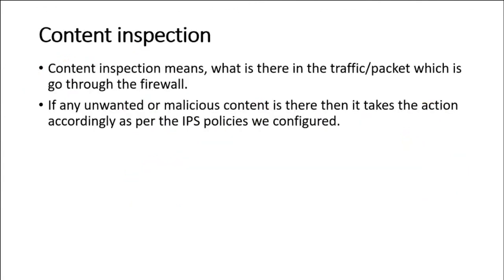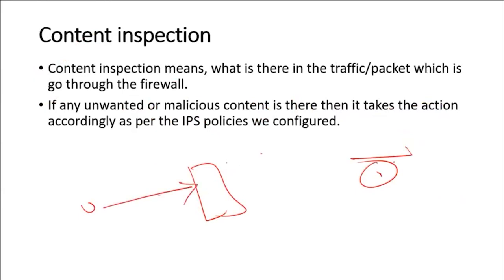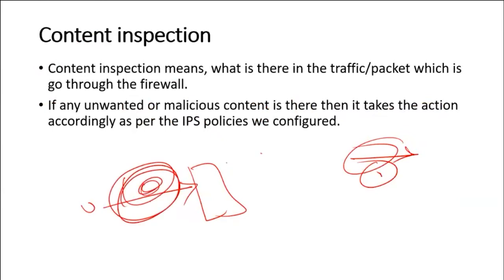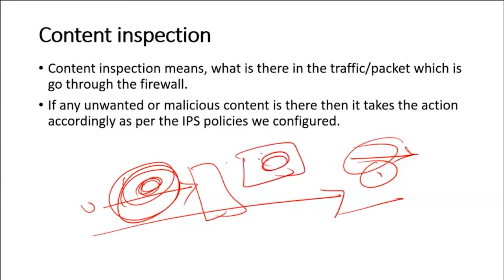And then the last one is content inspection. When a user is trying to access the internet, the traffic comes here, and based on the source, destination and port, it goes further. But what he's trying to access inside the packet, if he's trying to transfer something, it will check inside the packet also, what type of data he's transferring.